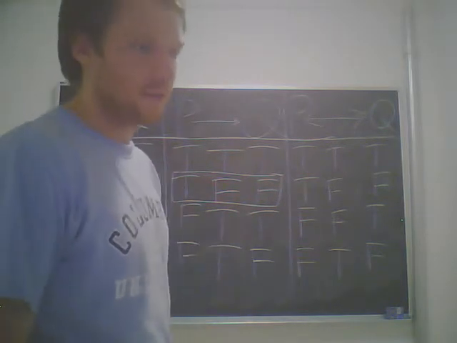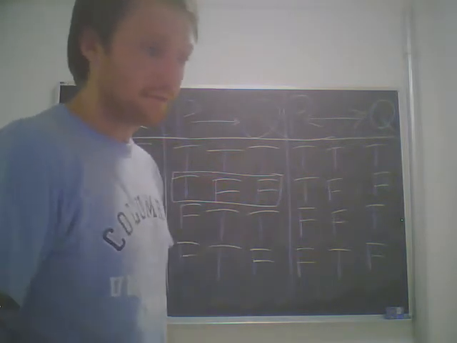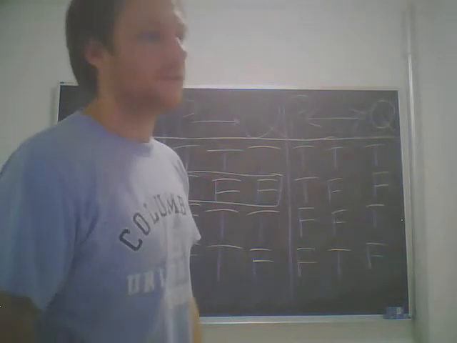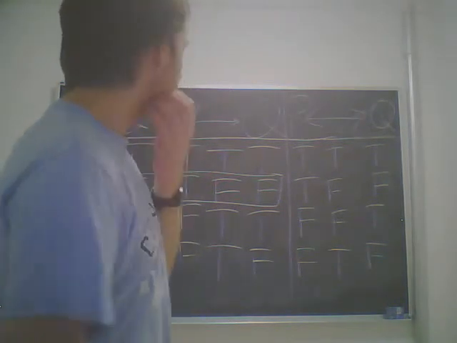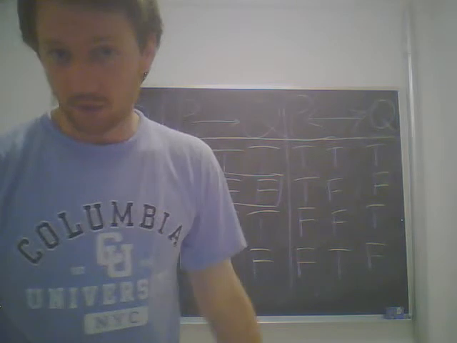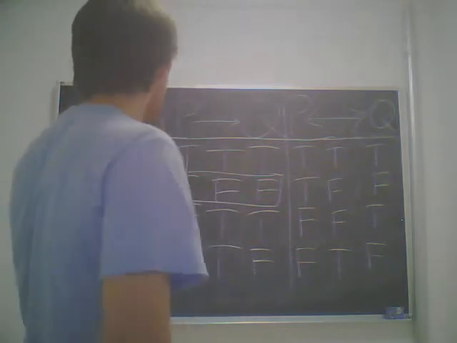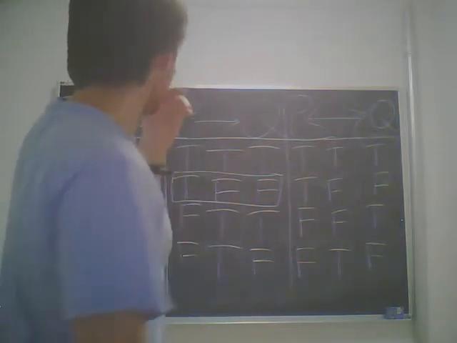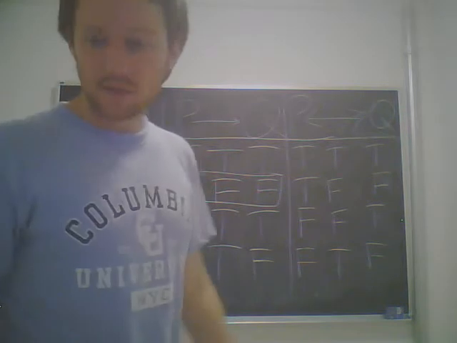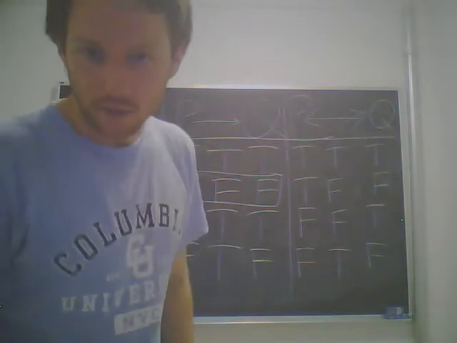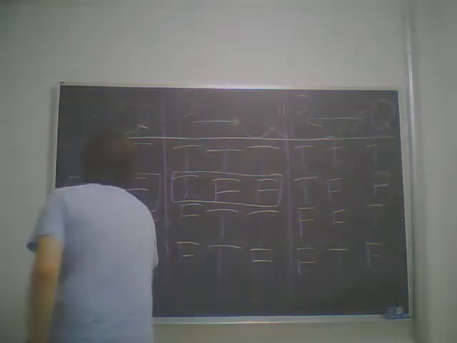Polish notation is markedly different, so if you want to look at the different symbols that are used, you can look on Wikipedia or Google. But that's all that is immediately important about that.